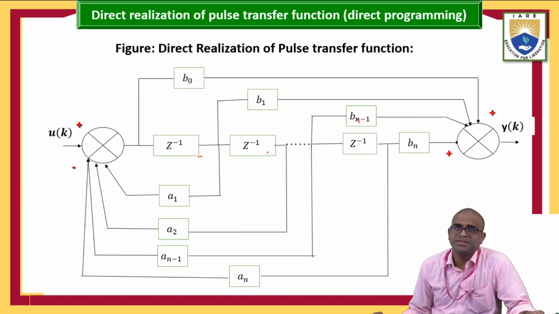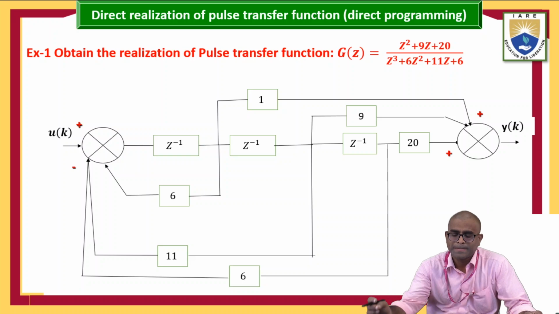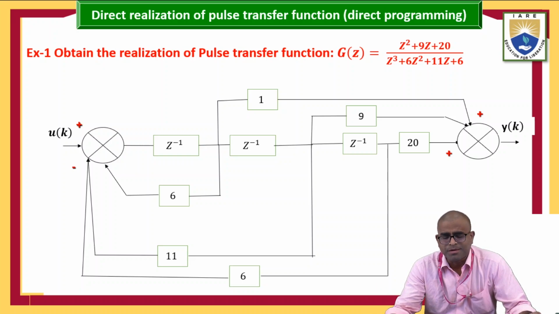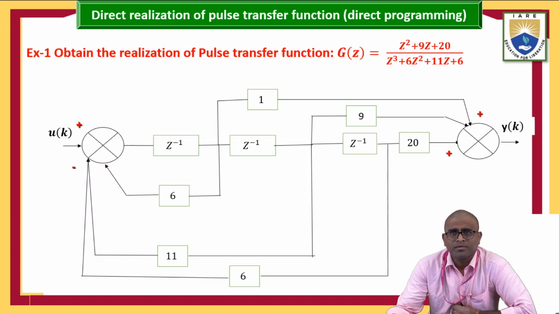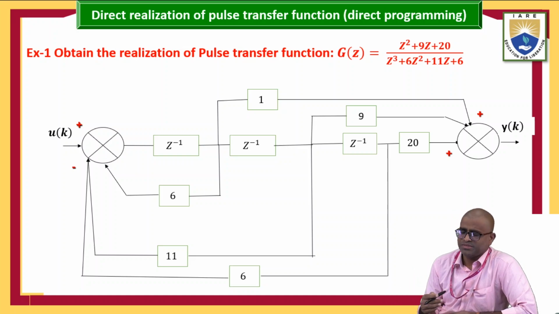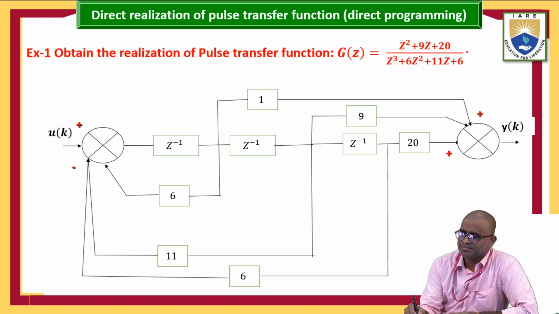Now I am taking one example problem. See the problem. Obtain the realization of the pulse transfer function, that is G of z equal to z square plus 9z plus 20 by z cube plus 6z square plus 11z plus 6. Find out for this one. So it is y of z by u of z.